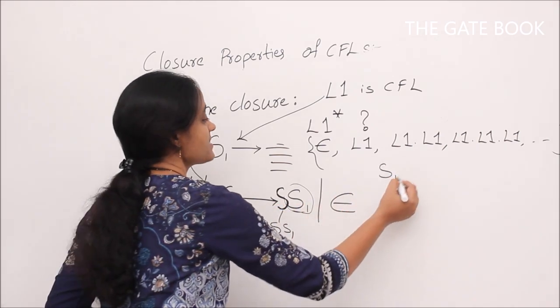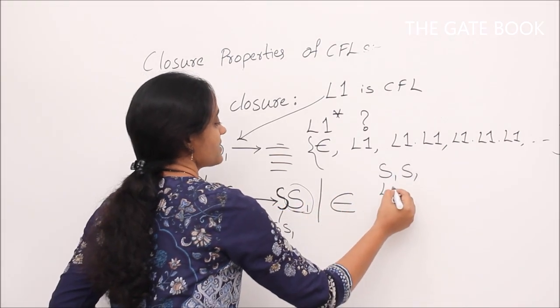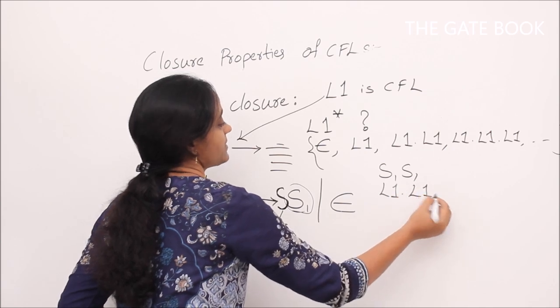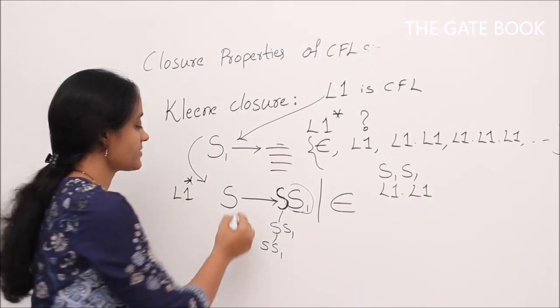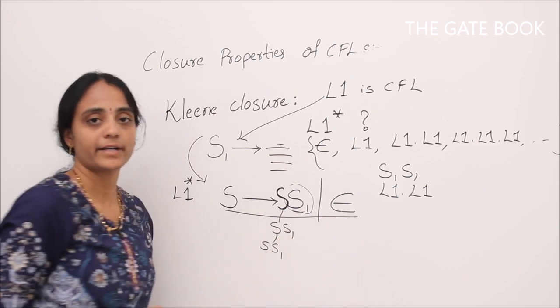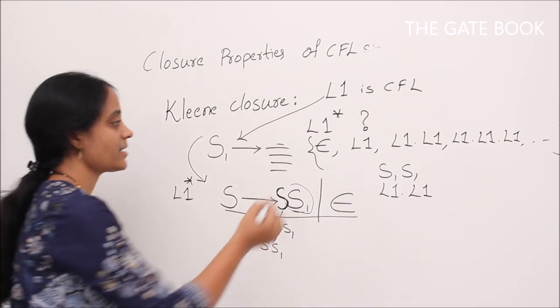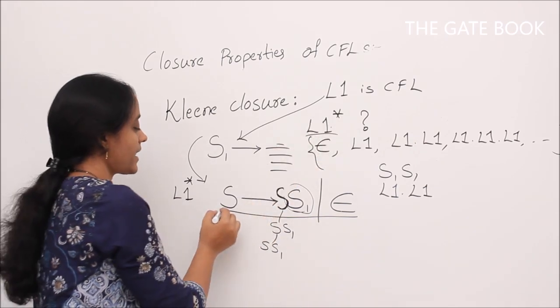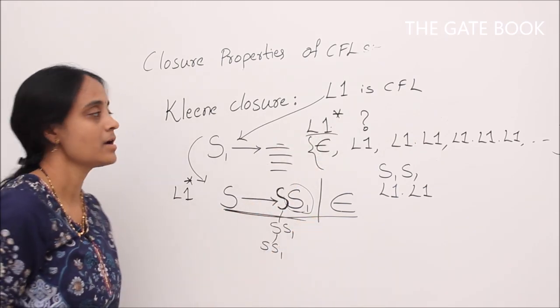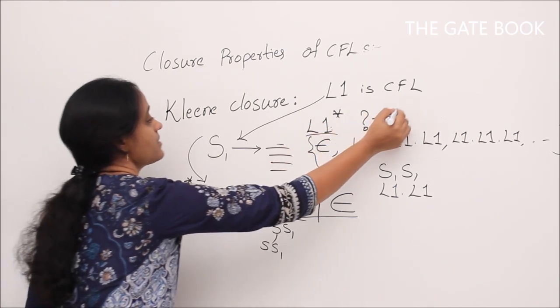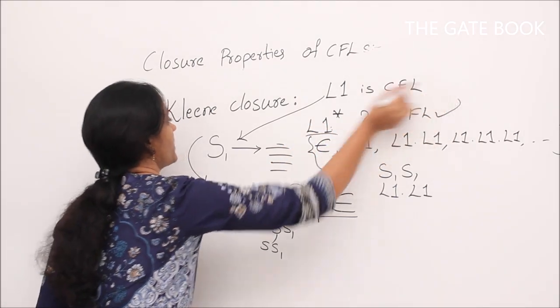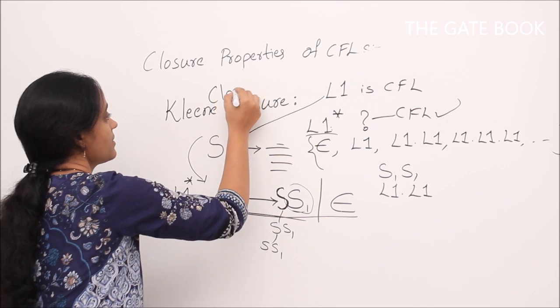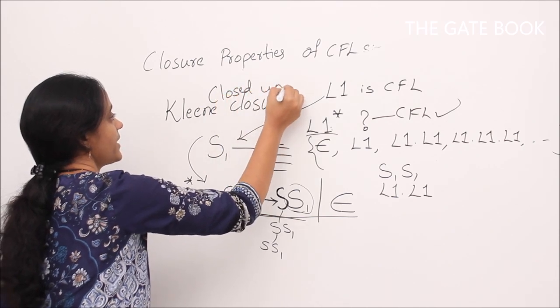That means all the strings of L1 concatenated again with strings of L1. In this way, if I add this rule, it can derive all the strings that are part of L1 star. So for L1 star, I can have a context free grammar. So this is also a CFL. That means CFLs are closed under Kleene closure.